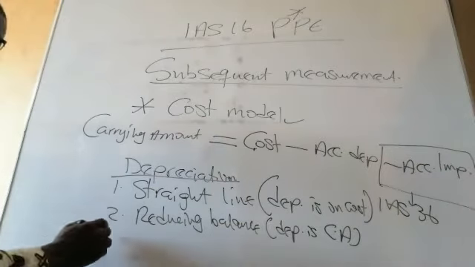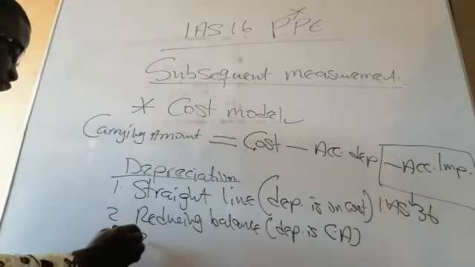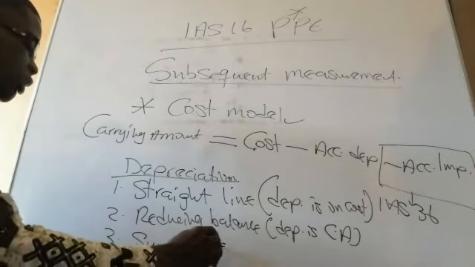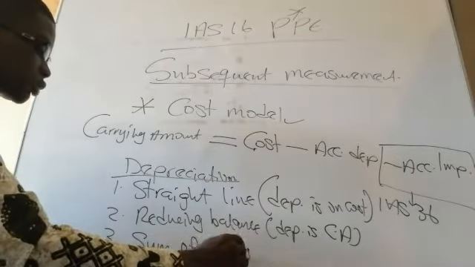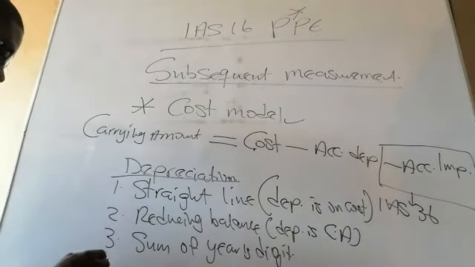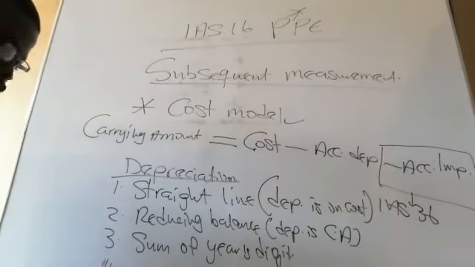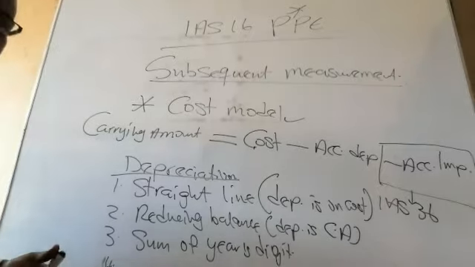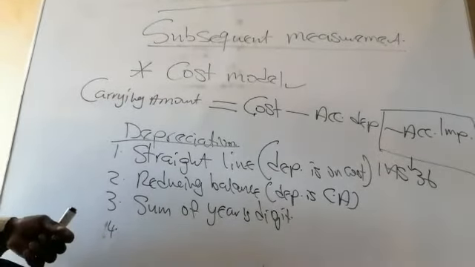Then the sum of years' digits. Then what? The production hour method, and then the units produced.